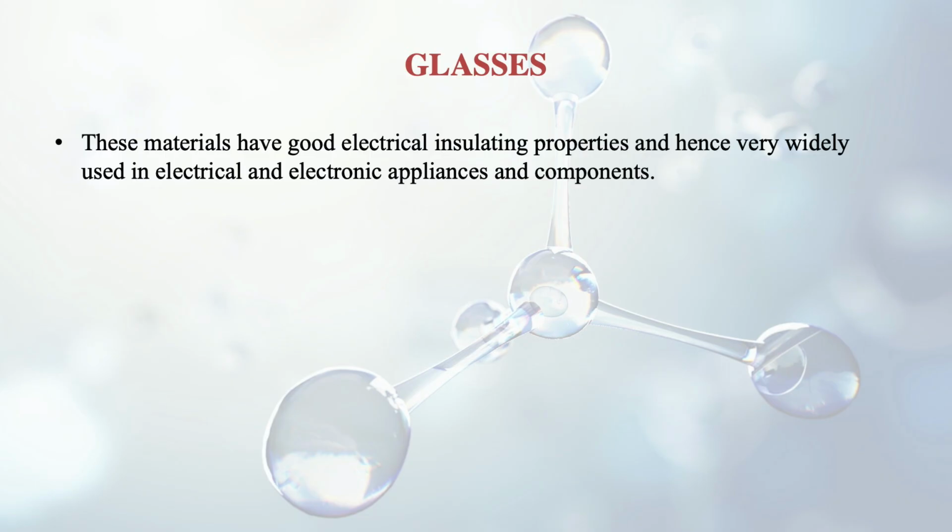At the same time we require strength also, so that it is not broken easily by any foreign thing. For this reason it has become indispensable, as I have stated, in automobiles and also in house window glazing. These glasses also have very good electrical insulating properties, hence they can be used in electrical and electronic appliances and components as well.